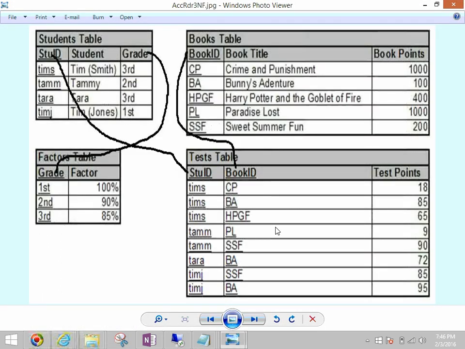This is taking that information and creating the appropriate third normal form design for it.